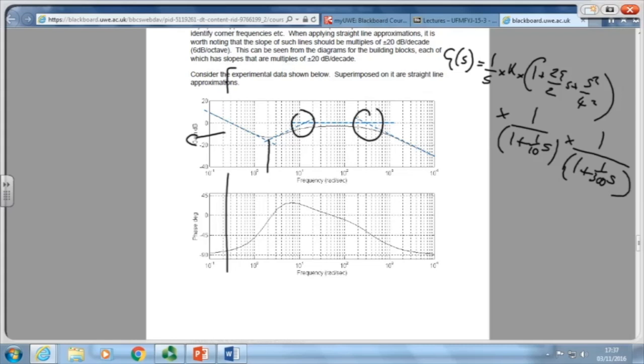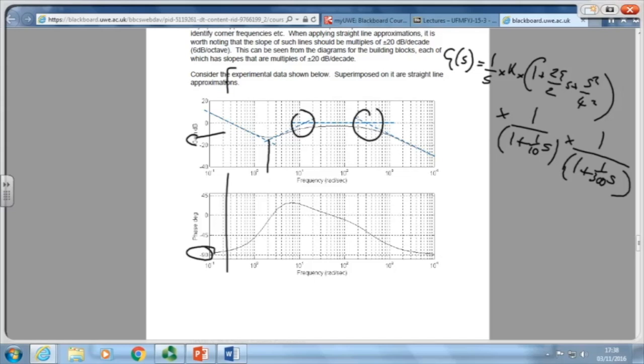So you look at the little pictures on the phase plots and you find that the integrator contributes a constant minus 90 degrees. The gain doesn't have a phase shift, so my plot should start off at minus 90. So that's in agreement, confirming what I've thought.